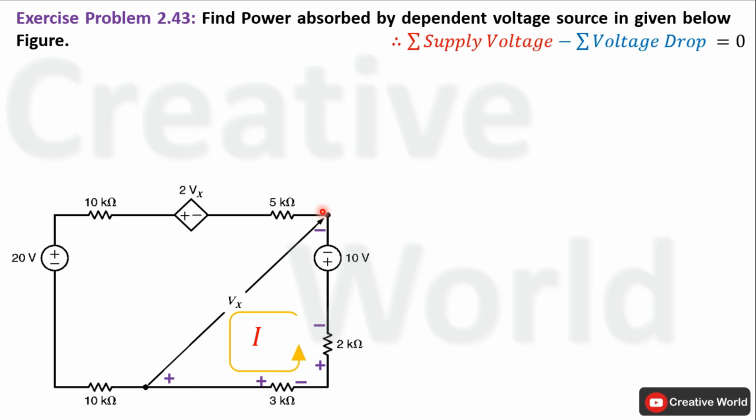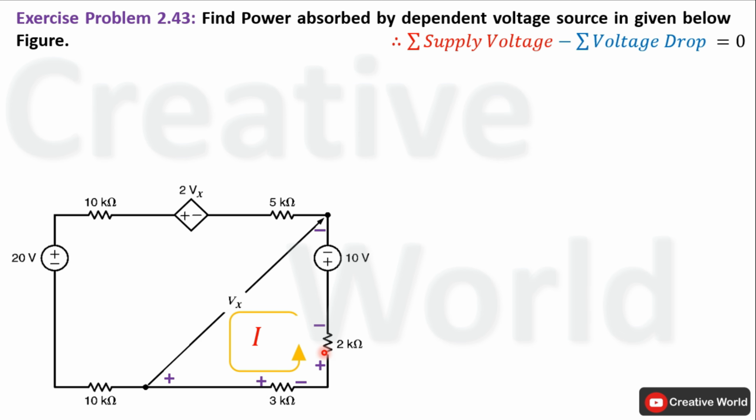On this point, the previous element is a voltage source, and the voltage source has its negative terminal on this point. This same negative polarity will appear across this point as well. On this point, the previous element is a resistance, and the resistance has its positive terminal on this point. So a positive sign will appear across Vx on this point.